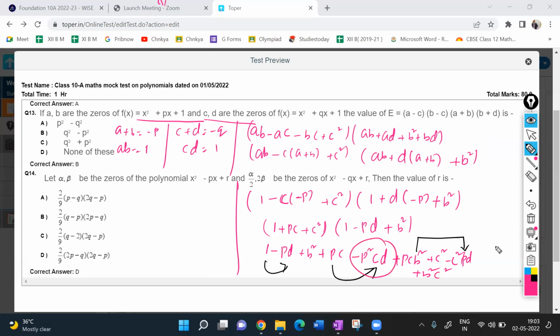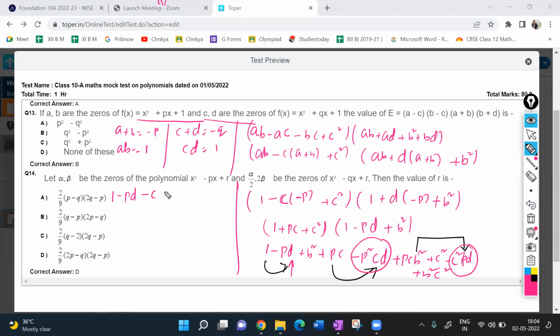Since we have the CD value, we can take CD common from these two terms, this one and this one. 1 minus PD, where is it? We have C square PD, sir. If I take PD common, nothing is going to come. Correct?